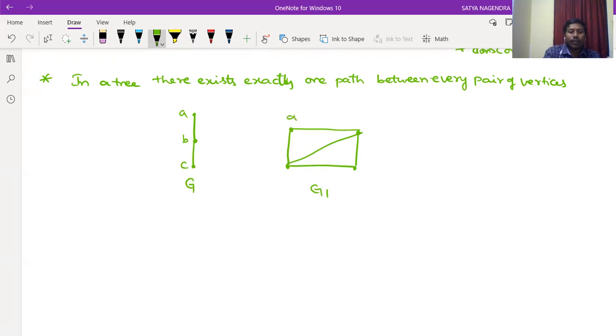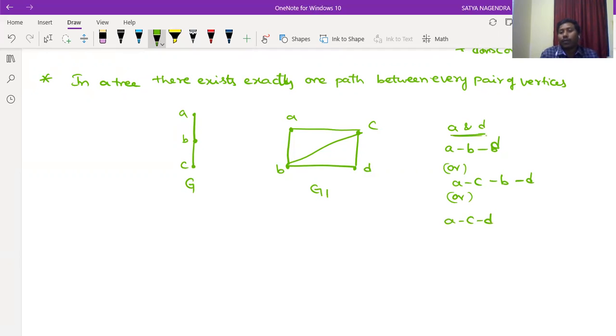I'm taking the vertices like this, A, B, C, D. Then I want a path between A and D. You can take A to B, next B to D, or you can take A to C, next C to B, next B to D, or you can write A to C, next C to D. So the path is not unique.